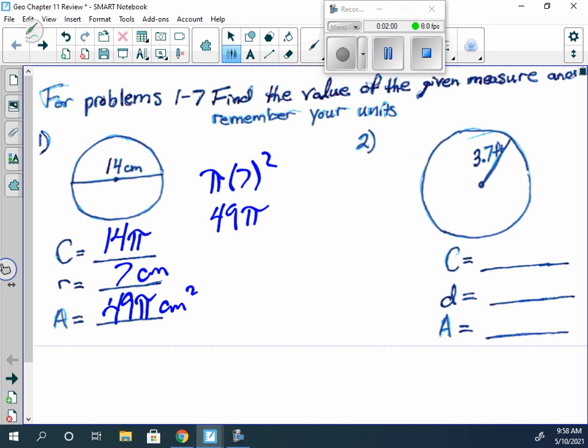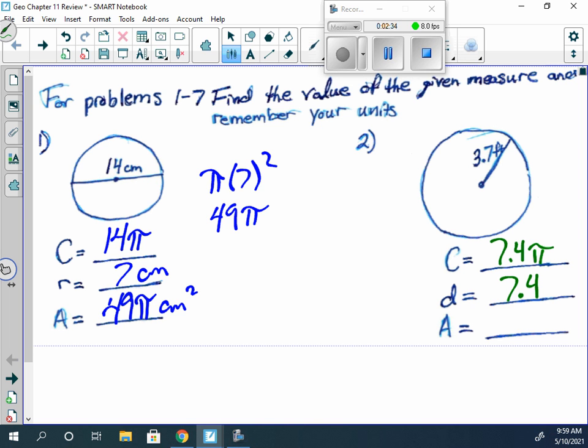Now, if we look at number 2, they gave us the radius. And the diameter is twice the radius, so we could take 3.7 and multiply it by 2 and get 7.4. Now, the circumference is the diameter times pi, or 2 pi r. So we can say 7.4 pi, because the diameter is 7.4, and the circumference is pi times the diameter.